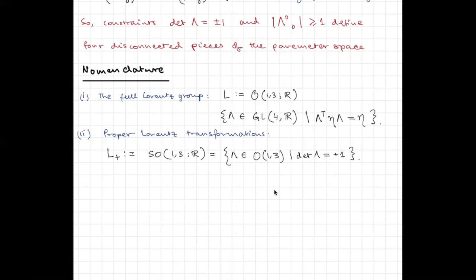Along with the proper, there is obviously the improper. So improper Lorentz transformations.